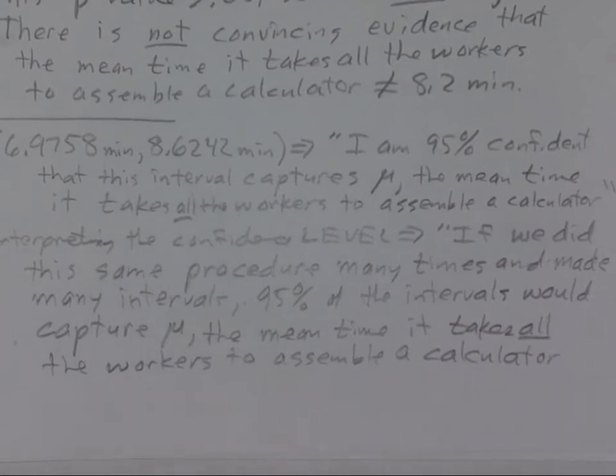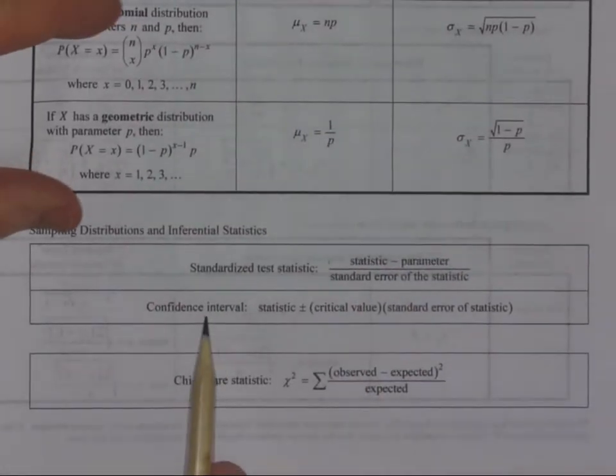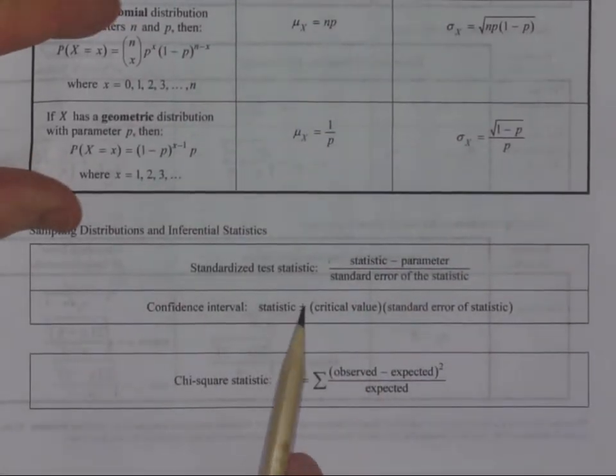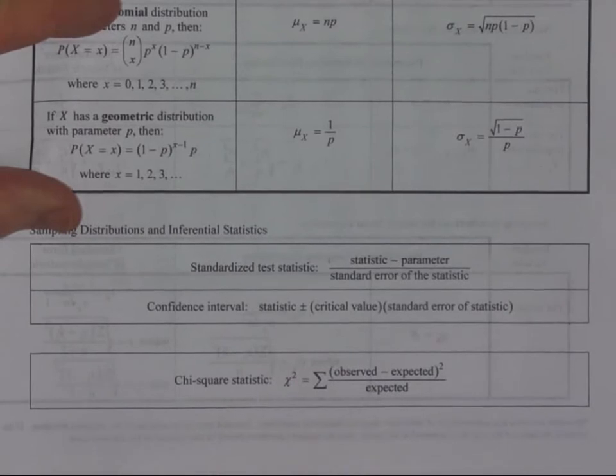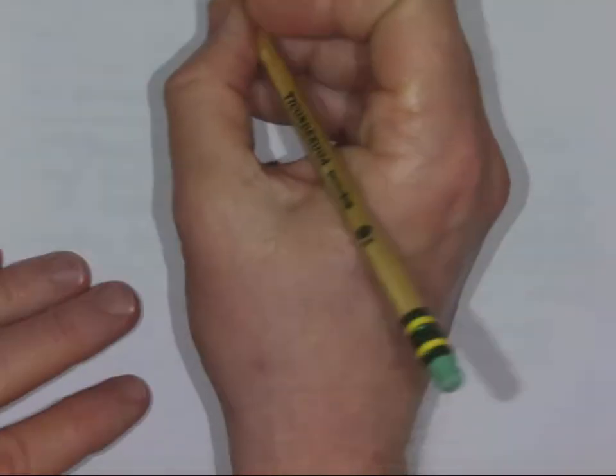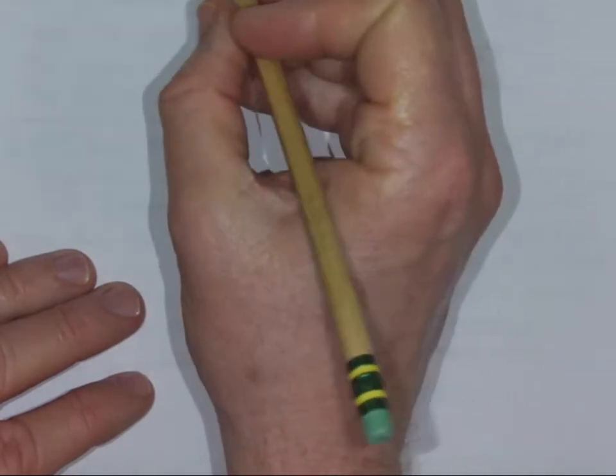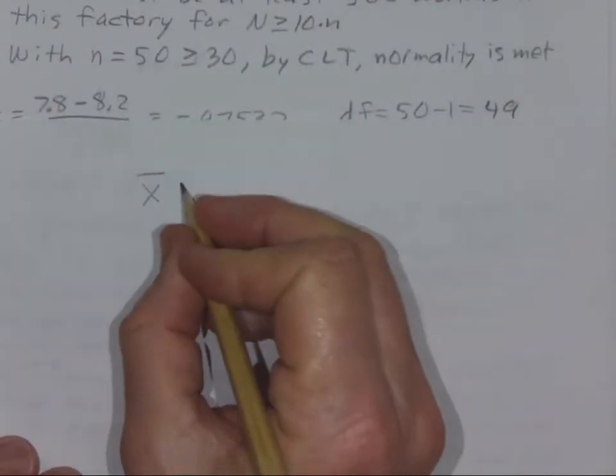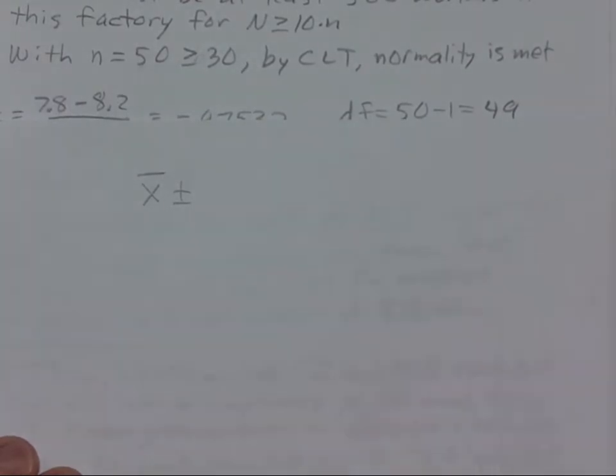I also want to remind you of the formula for confidence interval, because that could be asked of you. Well, so there's the generic thing, confidence interval: statistic plus or minus critical value times the standard error of the statistic. Our statistic here is x bar, plus or minus critical value, that's our z star or t star.